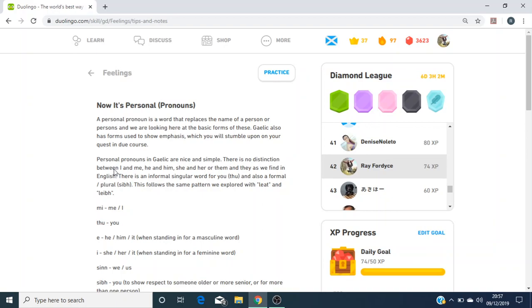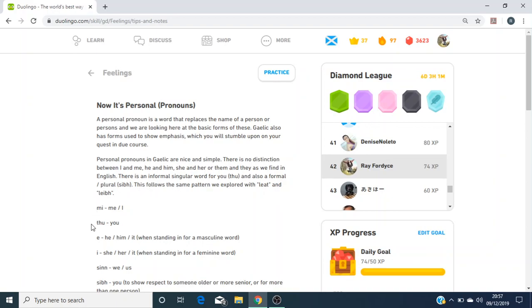There is no distinction between I and me, he and him, she and her, or they and them, as we find in English. There is an informal singular word for you, thu, and also a formal plural form, sibh. This follows the pattern that we explored with leat and leibh.